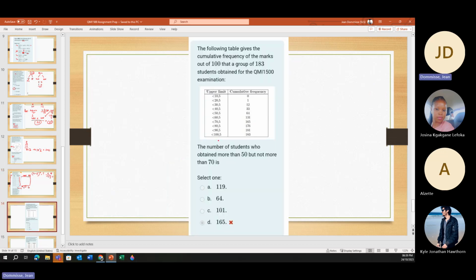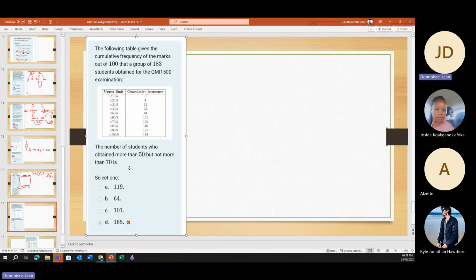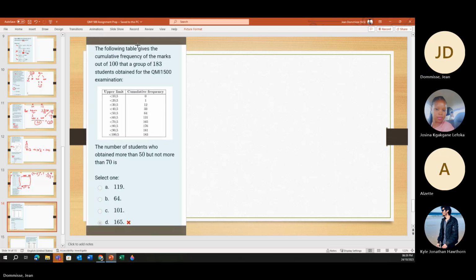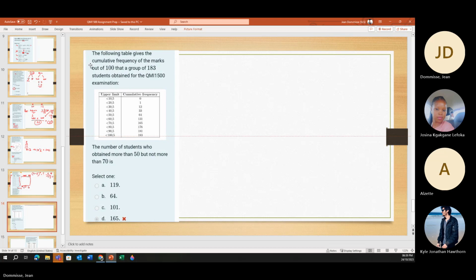Okay, another one. Let's quickly just crop again a bit. Okay, the following table gives a cumulative frequency of the marks out of 100 that a group of 183 students obtained.